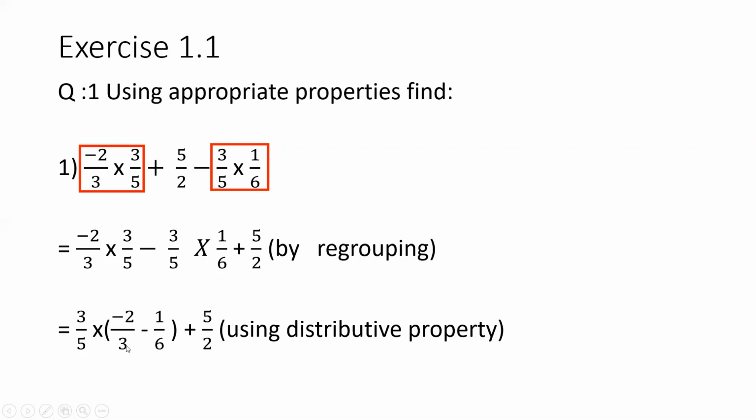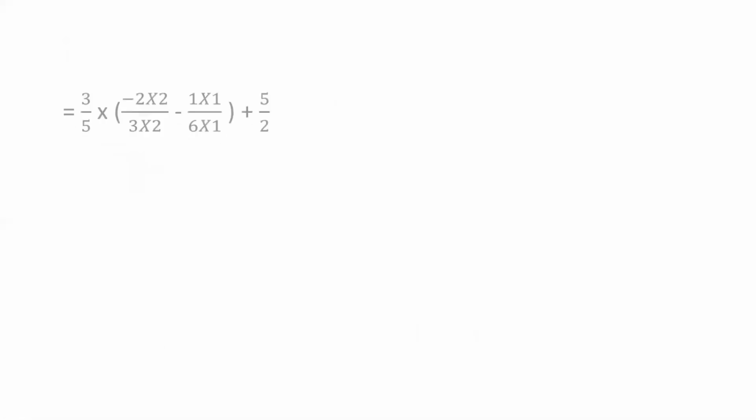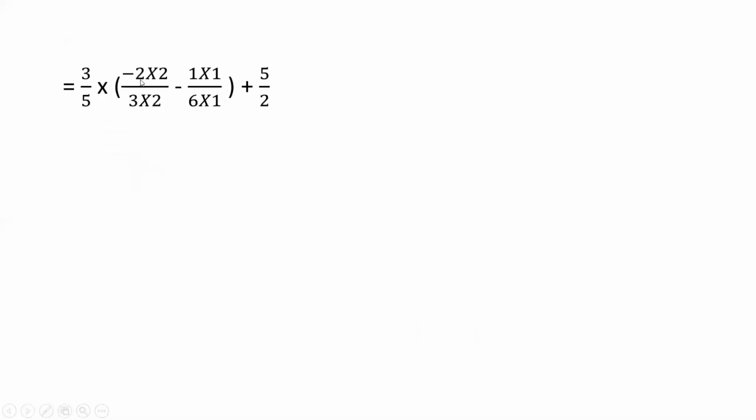Taking the LCM of 3 and 6 will be 6. So we'll multiply minus 2 upon 3 in the numerator and denominator both with 2 and 1 upon 6 numerator and denominator both with 1.